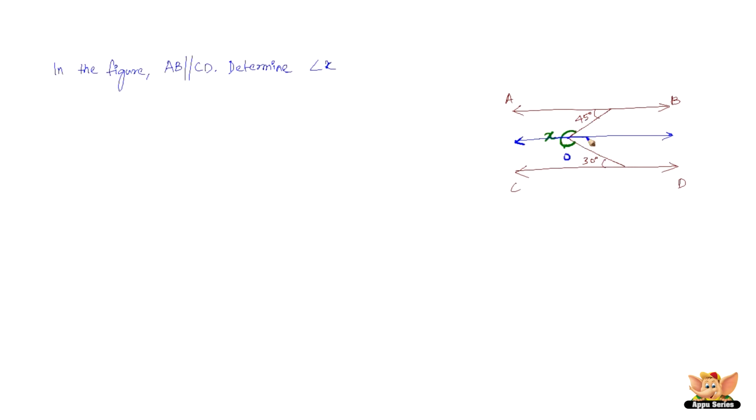So now by doing this, we have one angle here and one angle here. Now using the same concept of the alternate angles, this angle will be 45 degrees. This angle will be 30 degrees. So let us name them angle 1 and angle 2.